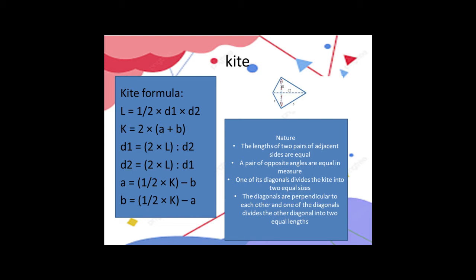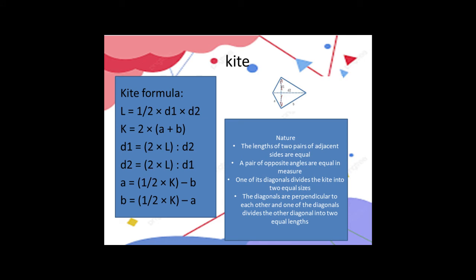Diagonal 2 equals (2 multiplied by area) divided by diagonal 1. A equals (1/2 multiplied by circumference) minus B. B equals (1/2 multiplied by circumference) minus A.